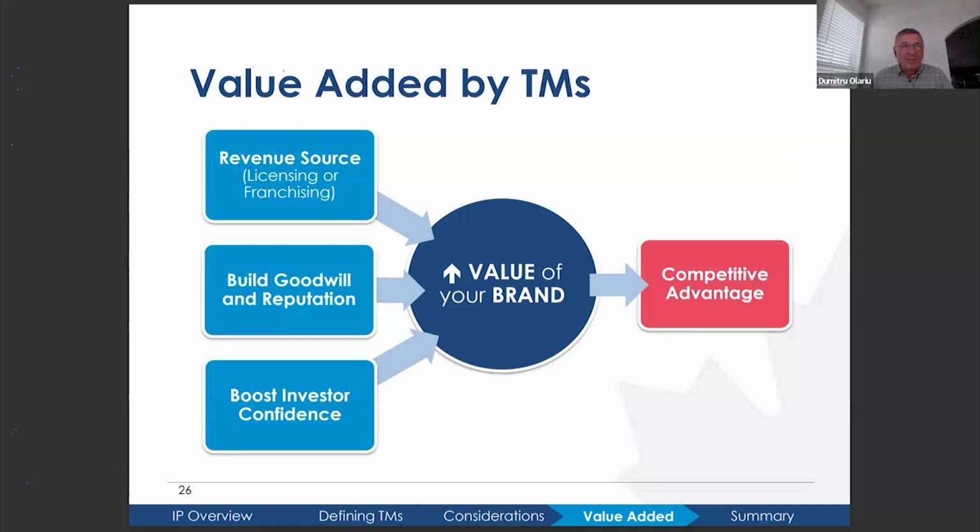And keep in mind that in the very beginning, when you adopt a trademark, it has little value, but in time that goodwill and reputation builds up and increases the value of the brand. And trademarks are very much used to attract investors. That's how brand value increases and gives you a powerful competitive advantage by having a very good trademark policy. Next slide, please.